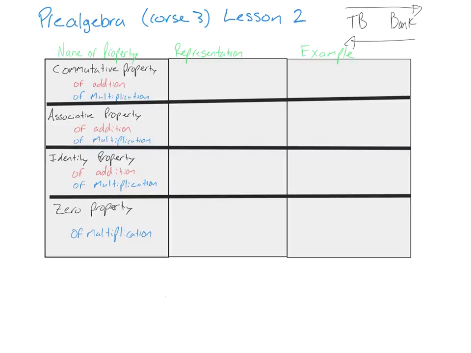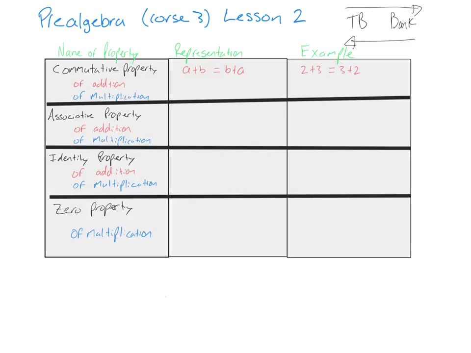If we're talking about the commutative property of addition, that says A plus B is the same thing as B plus A. An example would be 2 plus 3, which is 5, is the same thing as 3 plus 2, which is also 5.